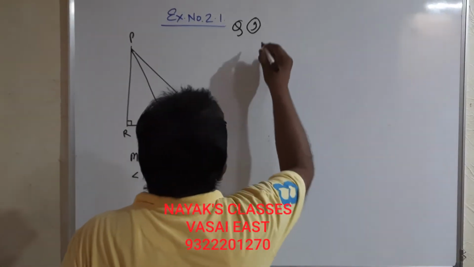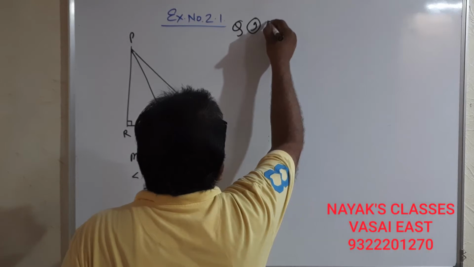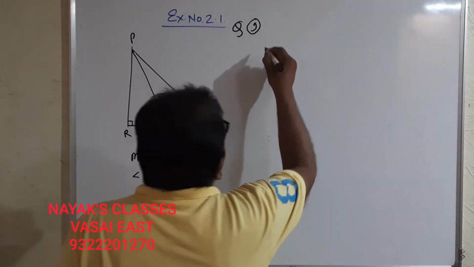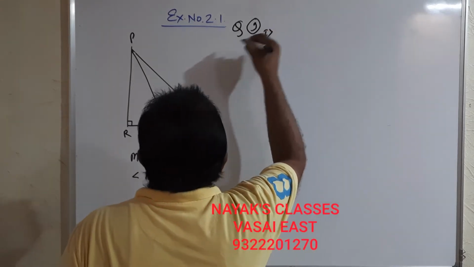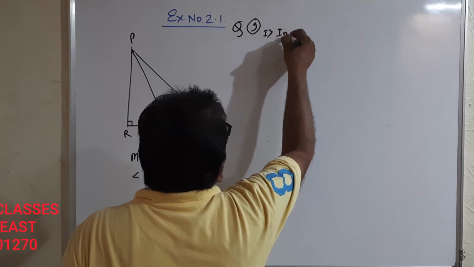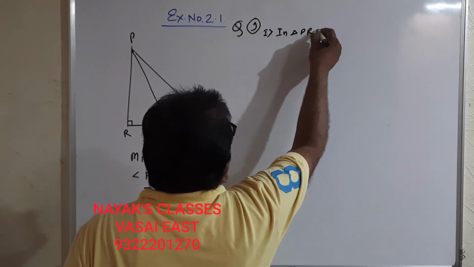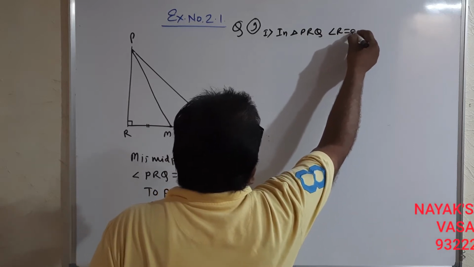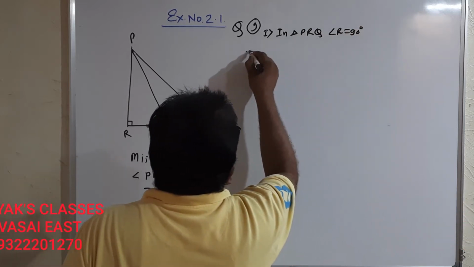So given, we will make it in two parts. First part is consider triangle PRQ. In triangle PRQ, angle R is equal to 90 degrees.